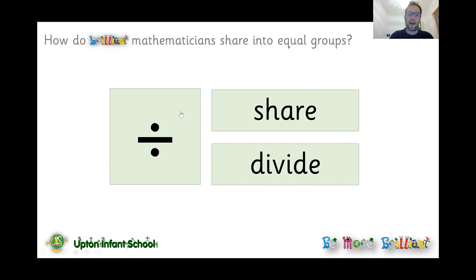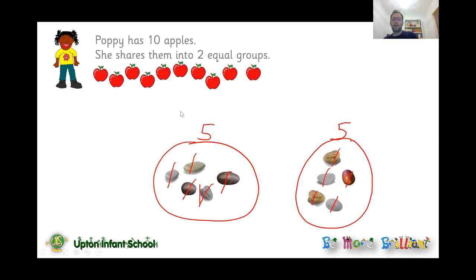So let's go back to Poppy's problem. Let's write down what we've done. We started with our 10 apples, and then we shared them into 2 equal groups. We divided them into 2 groups. So here's my divide sign, which is my line and a dot, and we've divided them.